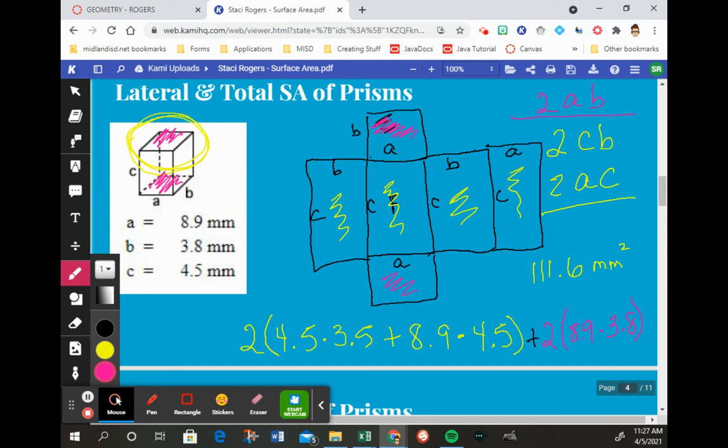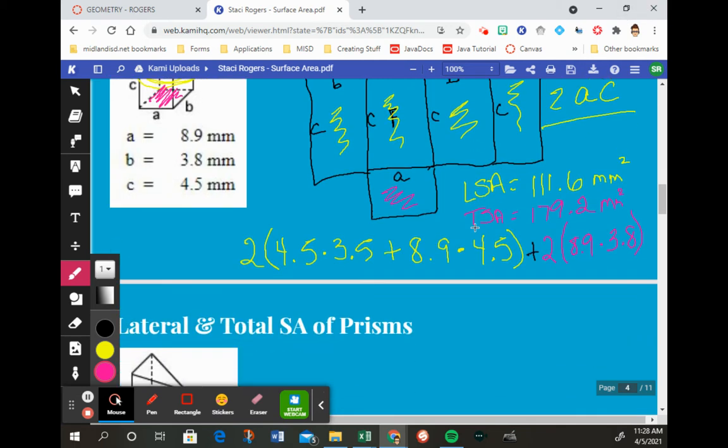And I get 179.2 square millimeters. So this is my lateral surface area. This one is my total surface area. You see the difference? One is bigger. If I were just to wrap the outside of my box, it would just be the lateral.